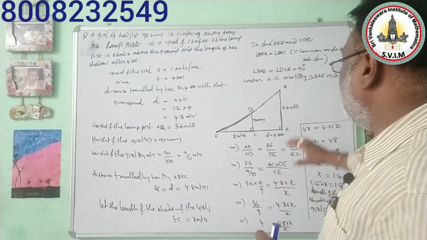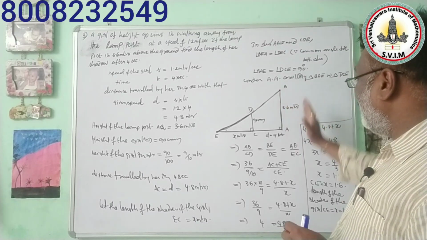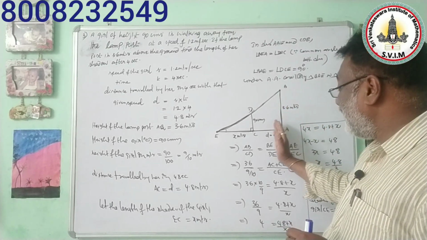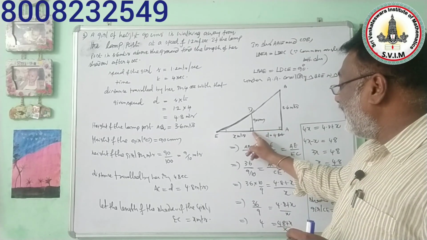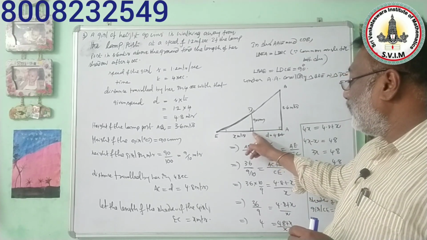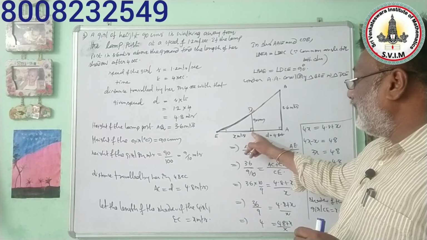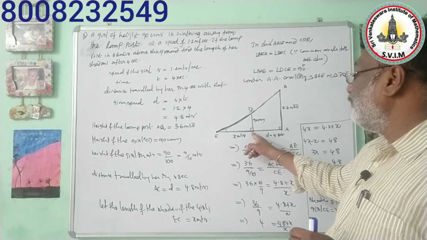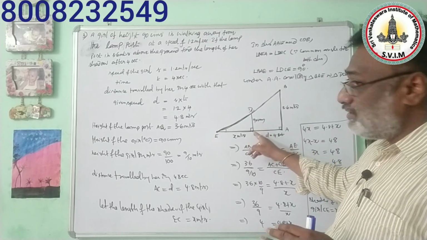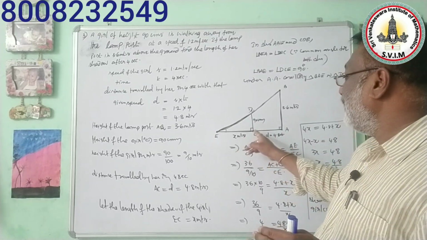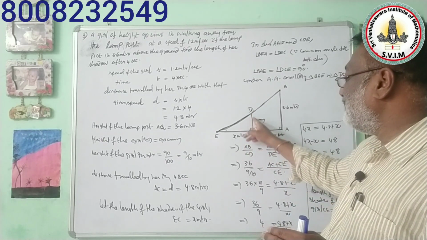Okay, so now listen to me. This is the lamp post, and after 4 seconds she traveled some distance from here to here. From this place we need to find the length of her shadow. Here the person's height has also been given, that is 90 centimeters.